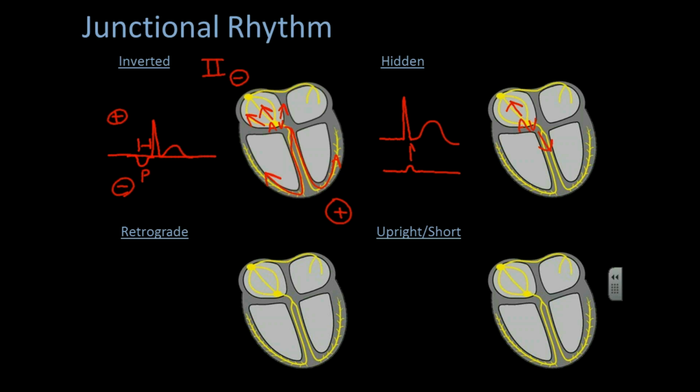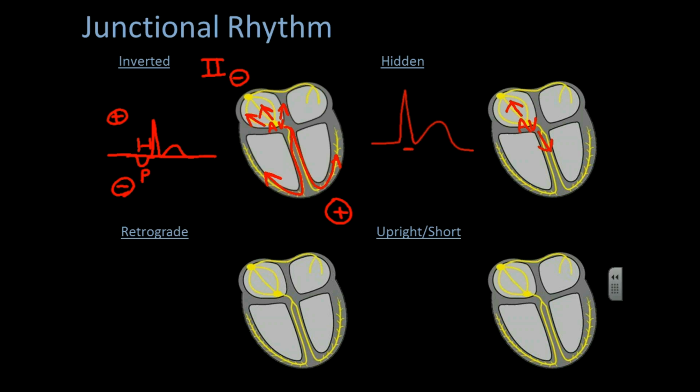So the P wave is going to be hidden and eclipsed by the QRS complex. So what you're going to see is just this. The P wave will be hidden inside this complex, and you won't be able to see it. So that's a scenario that would cause the P wave to be hidden.